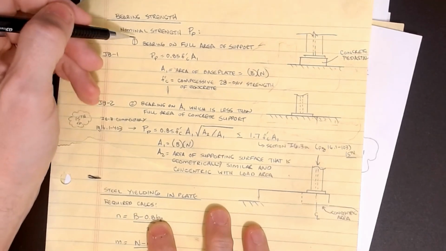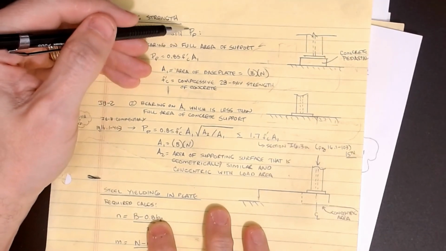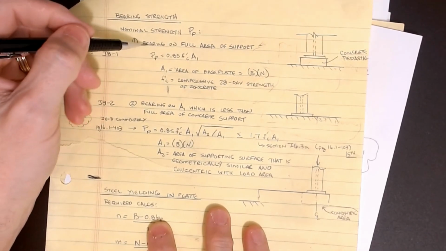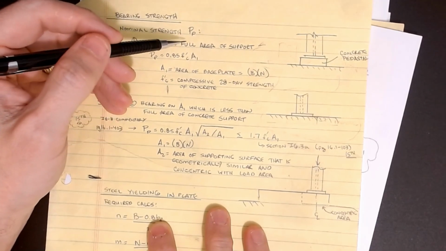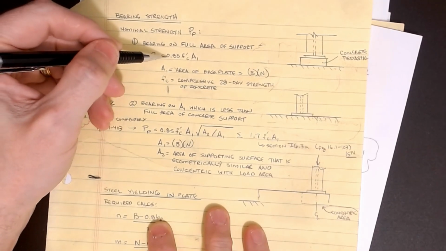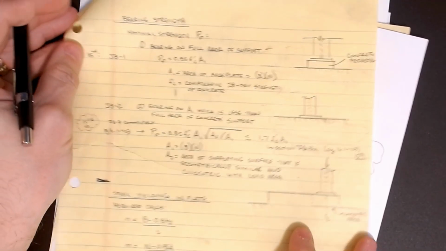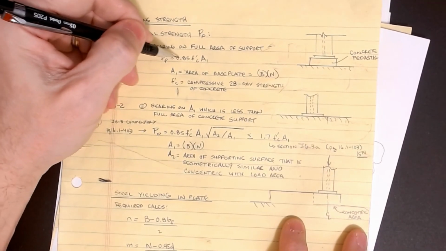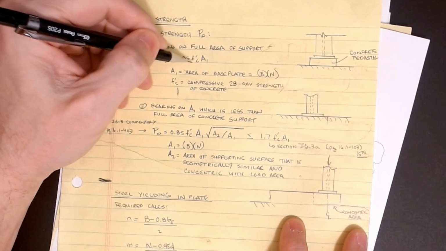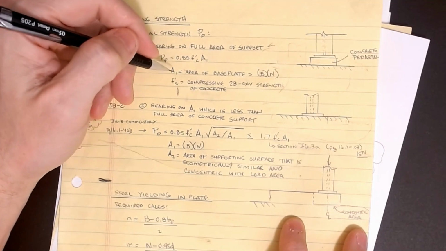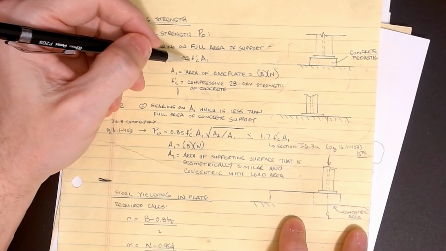Okay, and so for the nominal strength, which is called Pp, when the bearing is on the full area of support, Pp is taken as 0.85 f'c times A1. Now this 0.85 f'c is a very common allowable stress in concrete design.